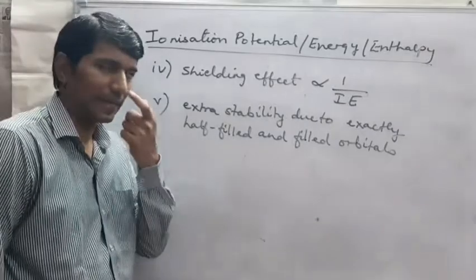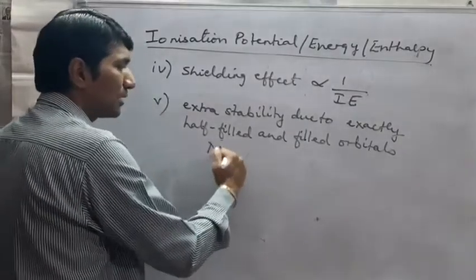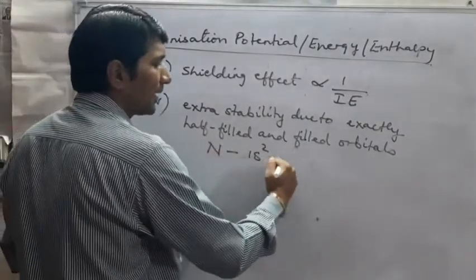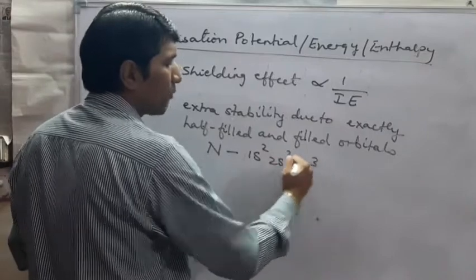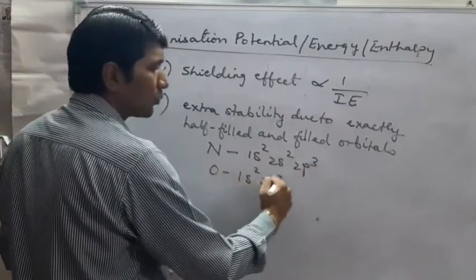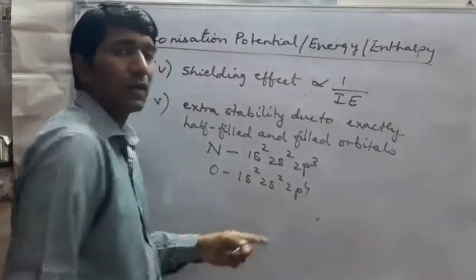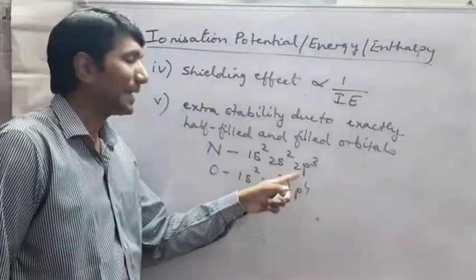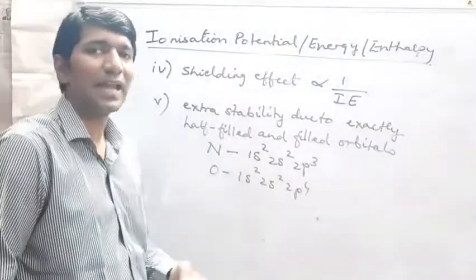Now what does this mean? Suppose nitrogen under its normal condition has the configuration 1s2, 2s2, 2p3. Oxygen will have 1s2, 2s2, 2p4. Now in terms of the p orbital, nitrogen is exactly half filled because maximum we can have 6 electrons.